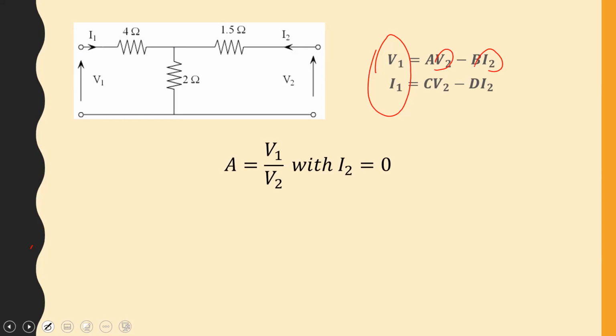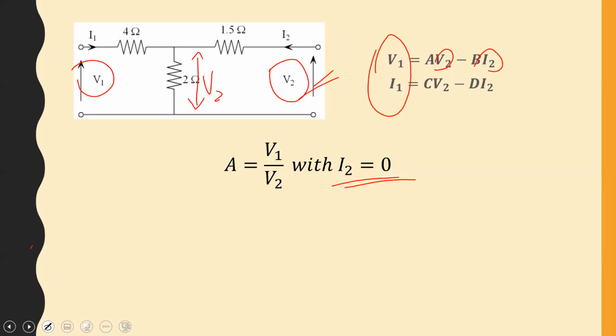For this network, A is the relationship between V1 and V2, with I2 being equal to 0. Now, with I2 being equal to 0, this port is open circuited. So V2 is the voltage seen across the 2 ohm resistor, since no current will be passing through the 1.5.